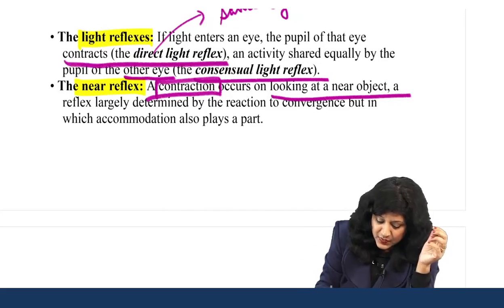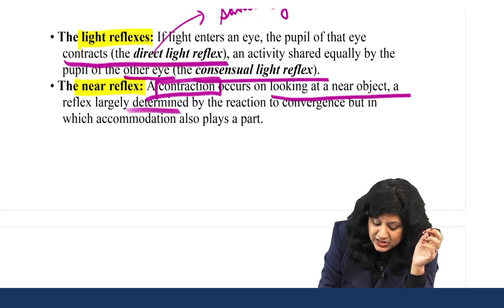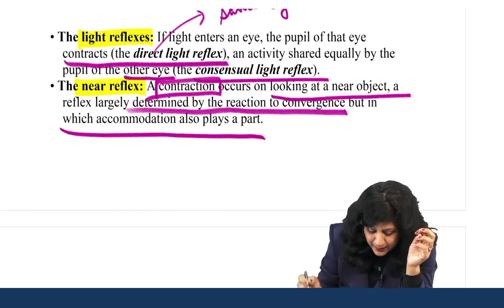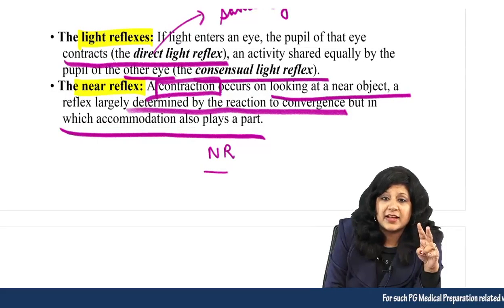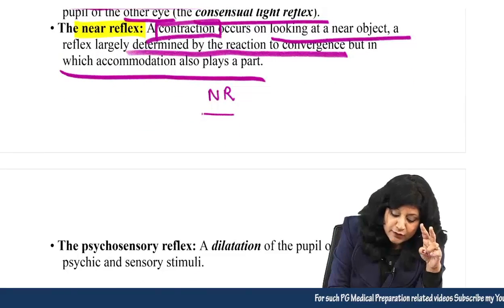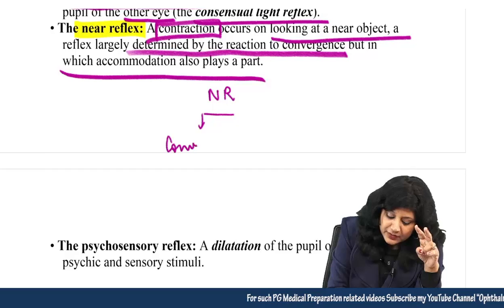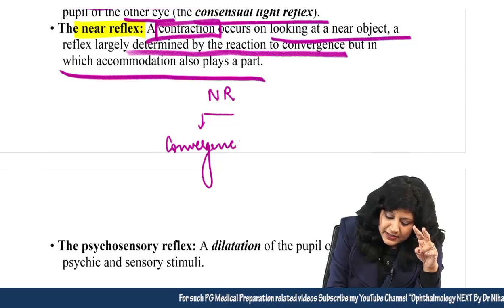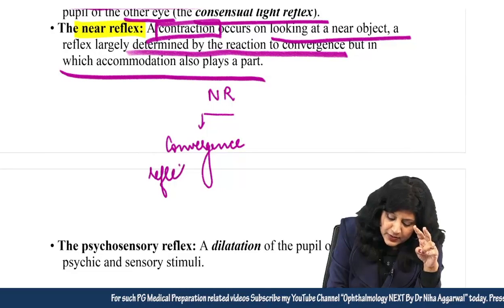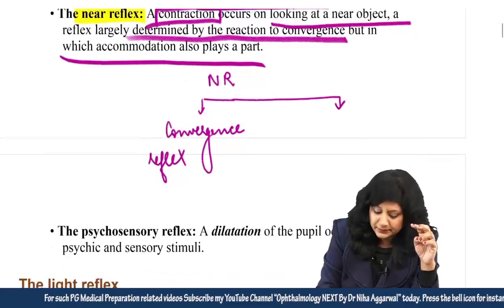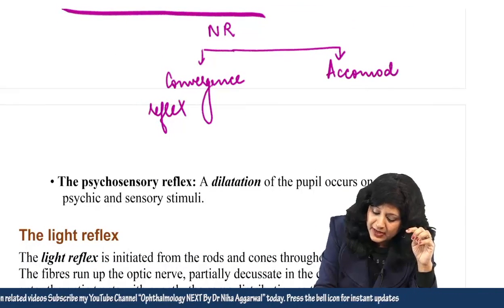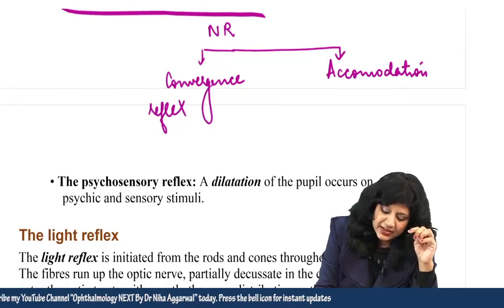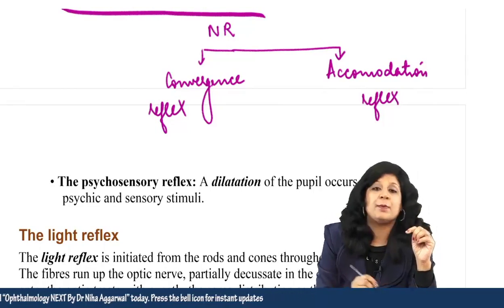That is why it is said that this is largely determined by the reaction to convergence, in which accommodation also plays a part. So the near reflex consists mainly of the convergence reflex, but a part of it can also be modified by accommodation, and that is called the accommodation reflex.